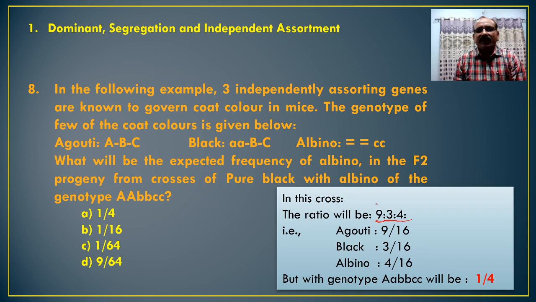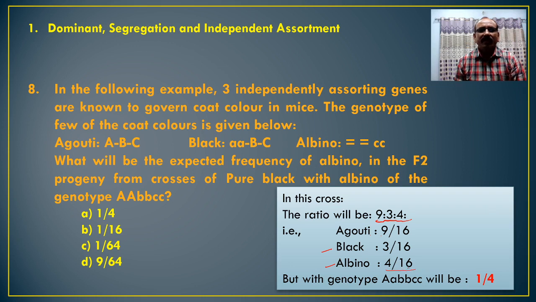We must know the different ratios, and regarding the ratios of epistatic genes, I have already uploaded a video on the YouTube channel. Out of the 9:3:4, 9 offspring out of 16 will be agouti, 3 out of 16 will be black, and 4 out of 16 will be albino.